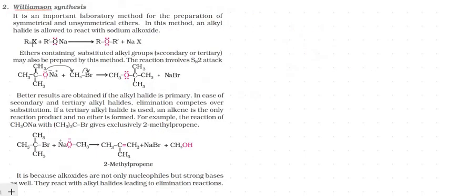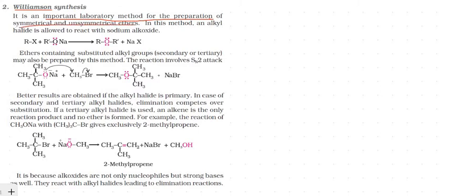Williamson was a scientist and a professor of chemistry who gave this synthesis to synthesize ether. It is again an important laboratory method to prepare symmetrical as well as unsymmetrical ethers.